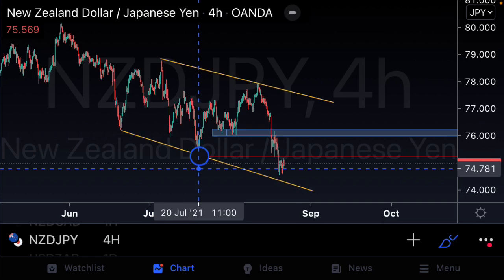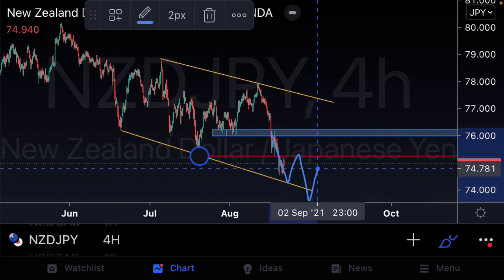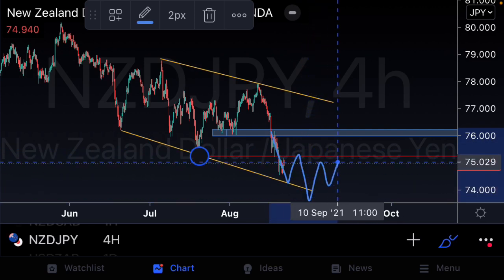Because we're at this level of structure, guys, we're going to be more bullish than bearish at this moment in time. But take into account that we're going to take this position with two different directional biases. We are going to be short-term bullish, so waiting for price action to allow us to enter into a bullish bias trade.